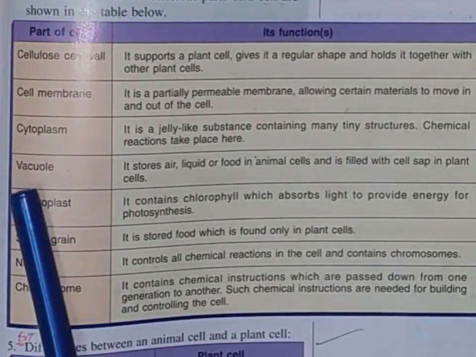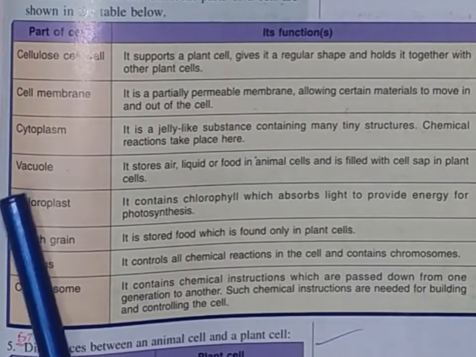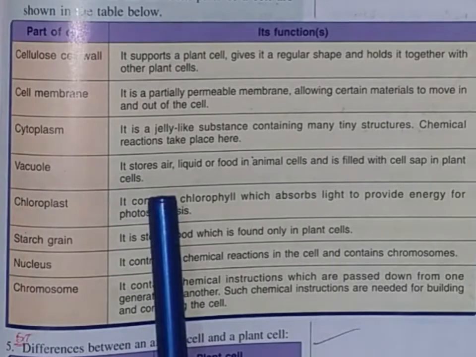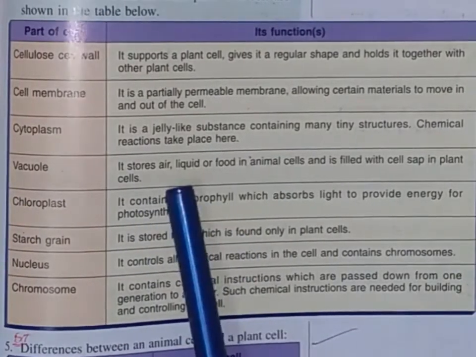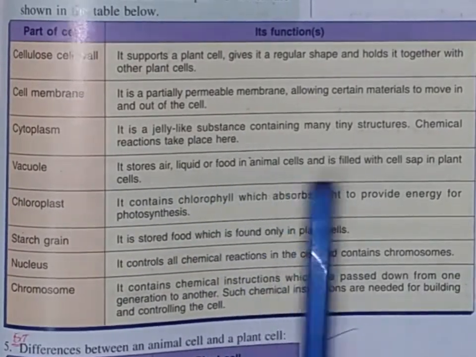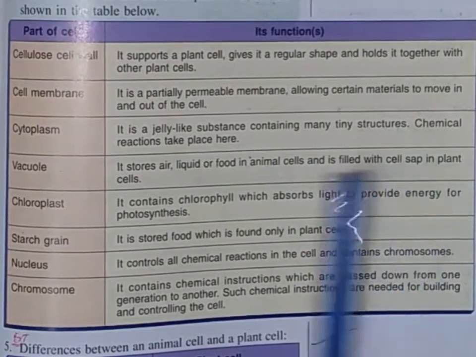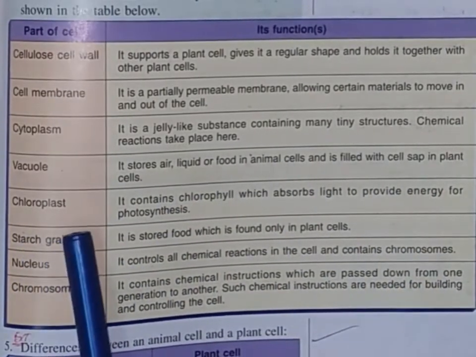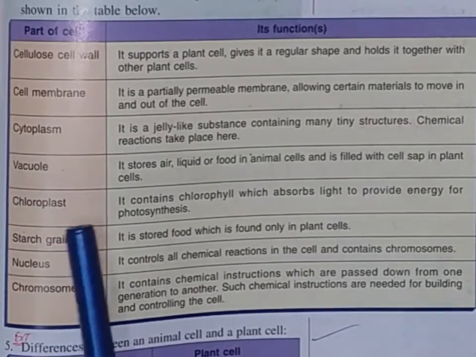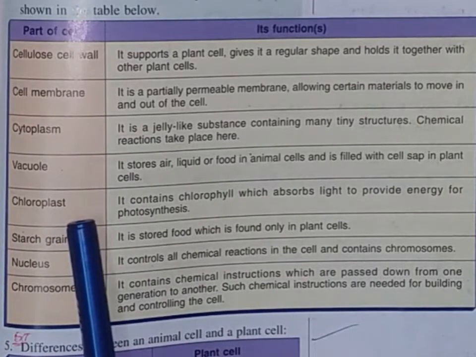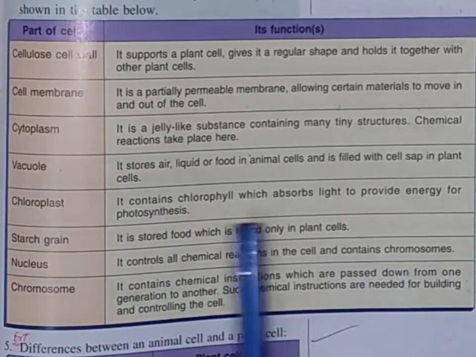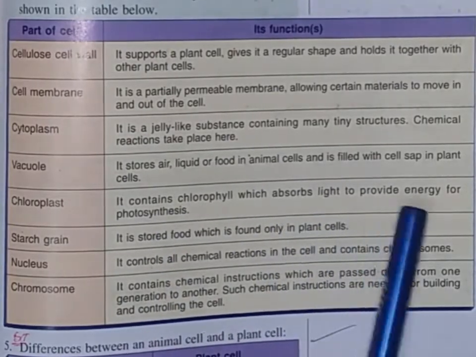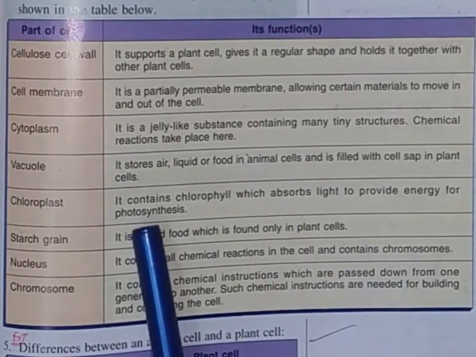Next is vacuole. What is vacuole? It stores air, liquid or food in animal cell and is filled with cell sap in plant cells. Next is chloroplast. It is present only in the plant cell. Students, chloroplast is absent in the animal cell. It contains chlorophyll, which absorbs light to provide energy for photosynthesis.